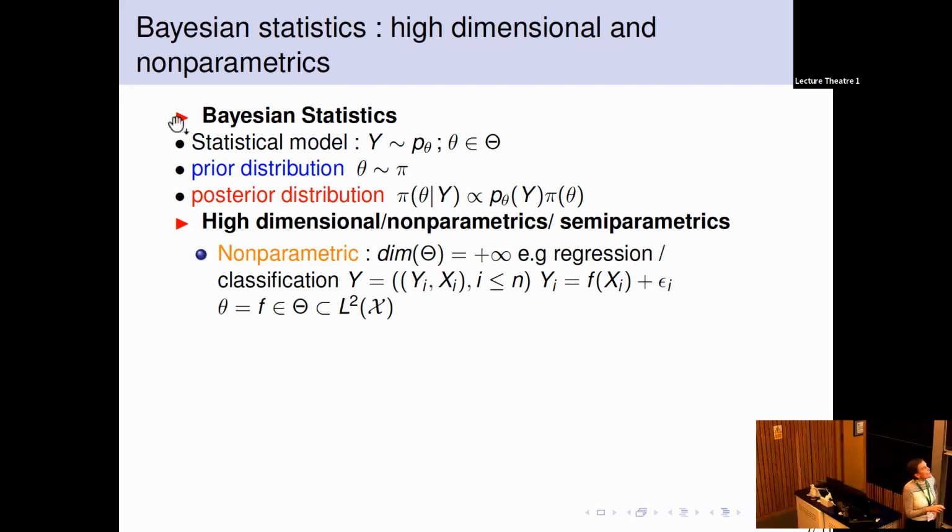In the Bayesian approach, you say, well, I don't know theta, so I'm going to represent it as a random object as well. So I construct a probability distribution, pi, on theta. That's called the prior probability distribution, because you do it before you have observed the data, so it's done a priori.